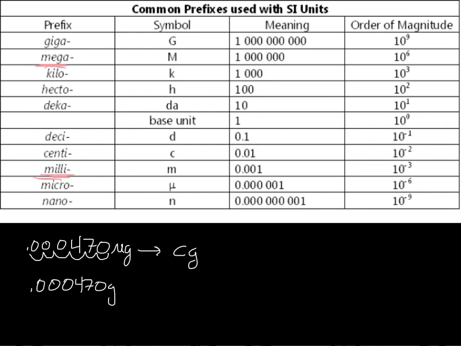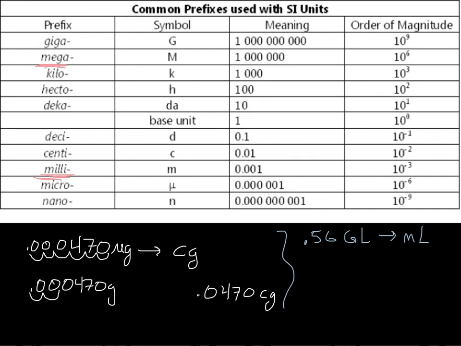So to get then from grams to centigrams, that's easy. We're right here at our base unit going down there. So we would go 1, 2 places to the right. So we just take our decimal and go 1, 2 places to the right, which means we have 0.0470 centigrams.